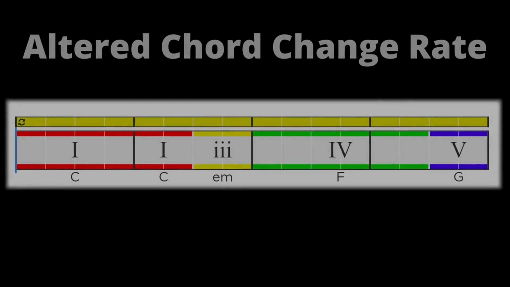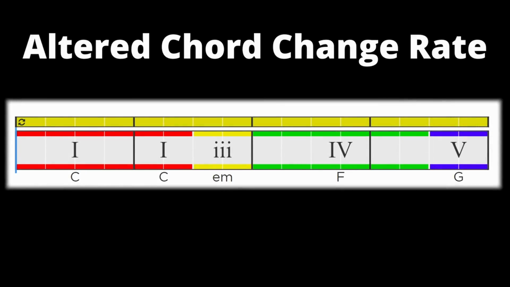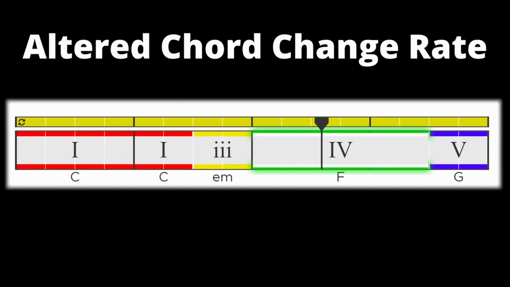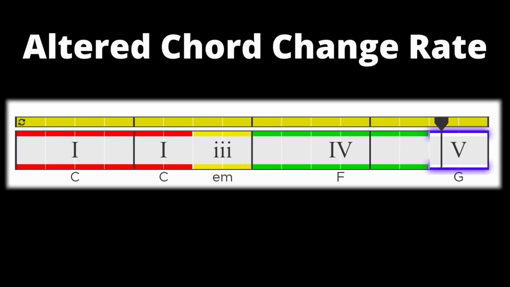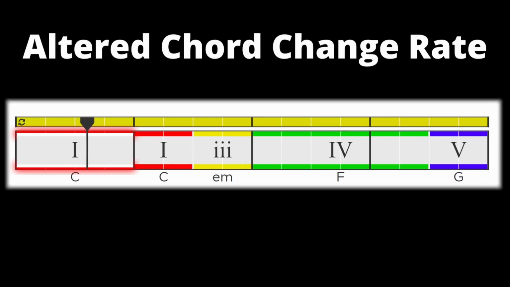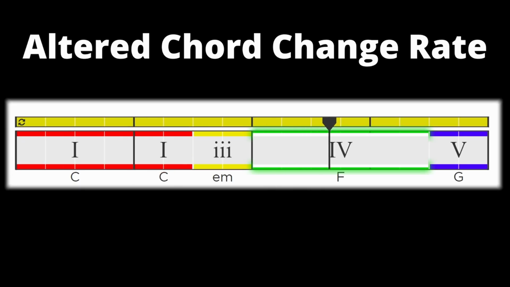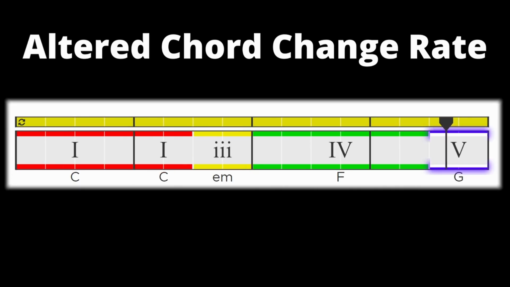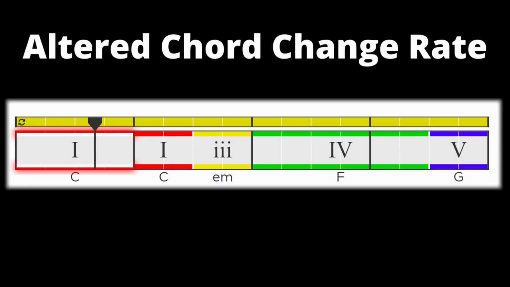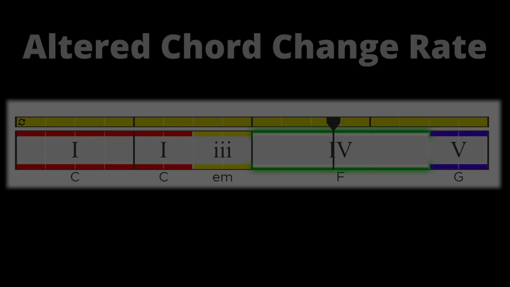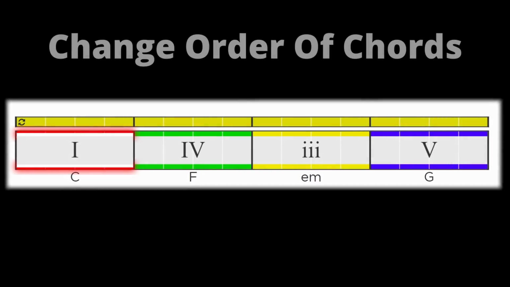Another way to mix up a primary turnaround is to change the rate of change of the chords, such as You can also experiment with the order of the chords.